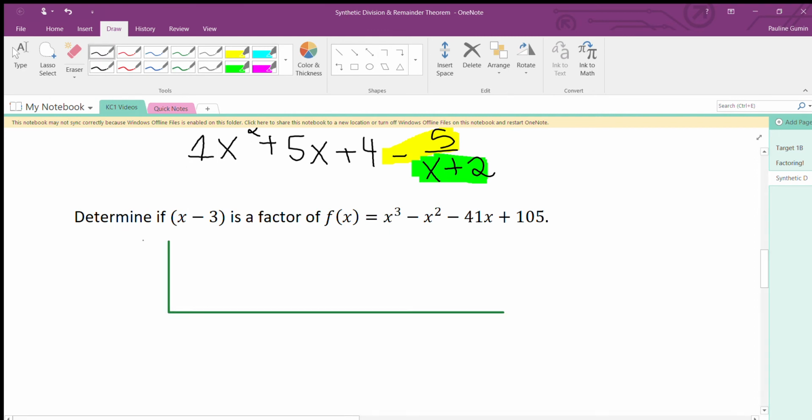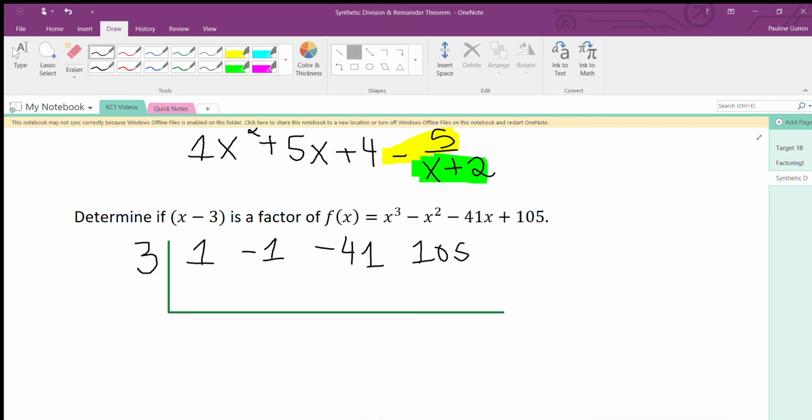We're going to write the opposite, so positive 3. Then we have 1 in front of the x cubed, negative 1 for x squared, negative 41, and then positive 105. Okay. Drop that 1. 1 times 3 is 3. Negative 1 plus 3 is 2. 2 times 3 is 6.